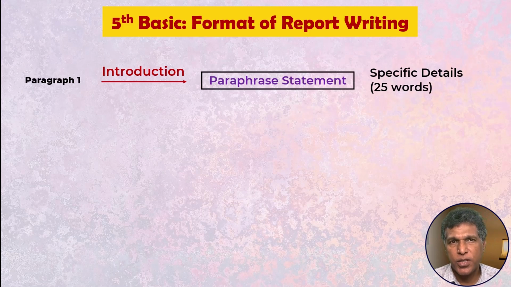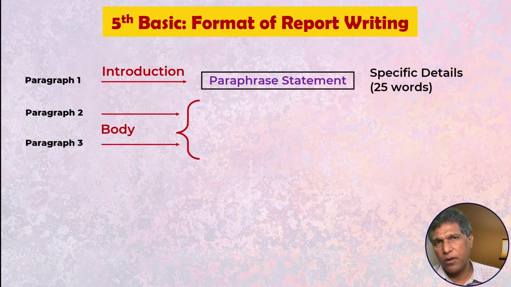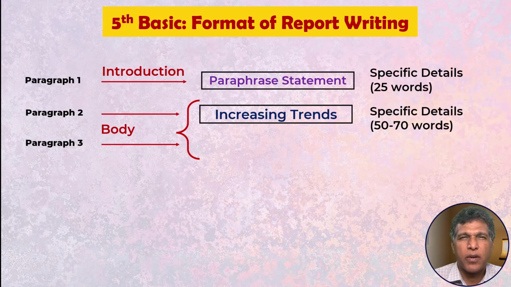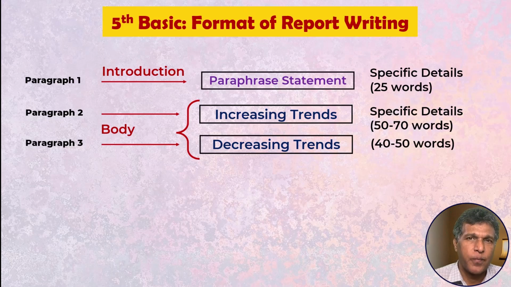Paragraph number 2 and 3, the body paragraphs. In the first body paragraph, talk about increasing trends. Use specific details, about 50 to 70 words. In the second body paragraph, talk about decreasing trends. Use specific details, about 40 to 50 words.